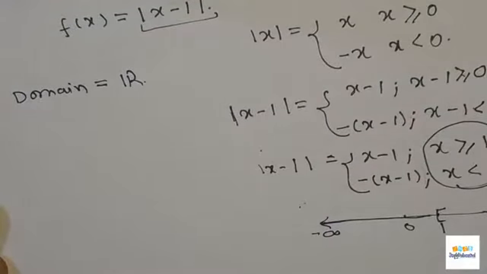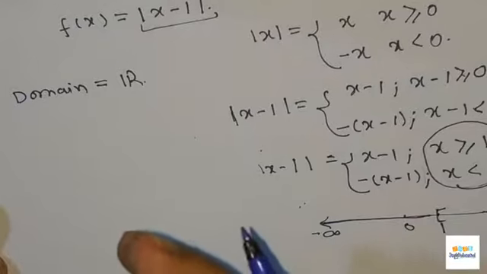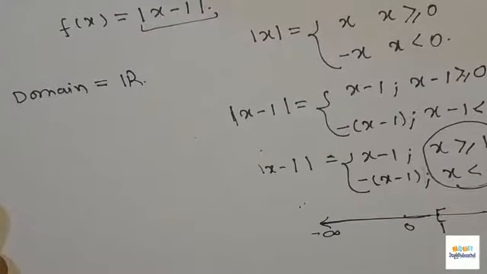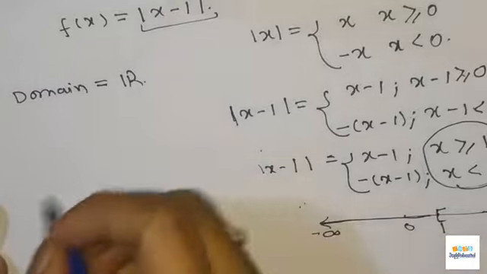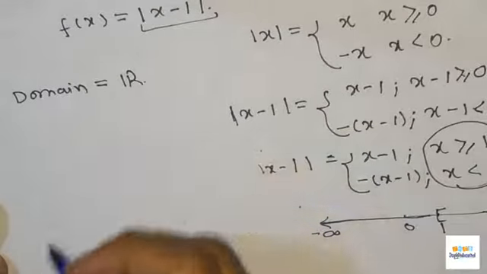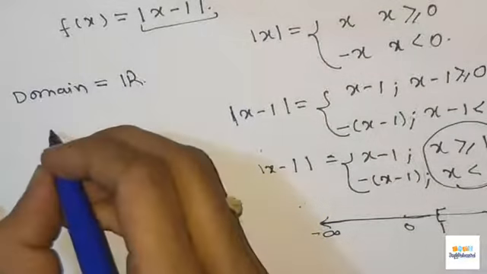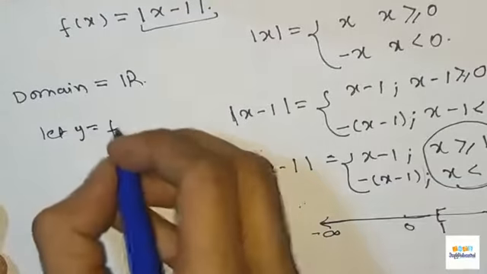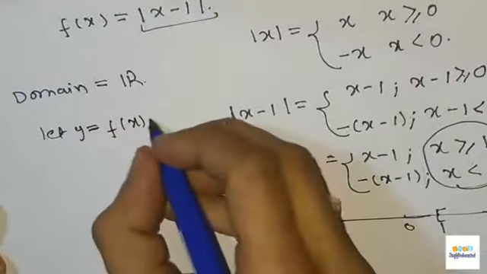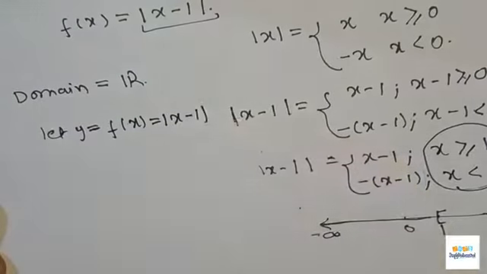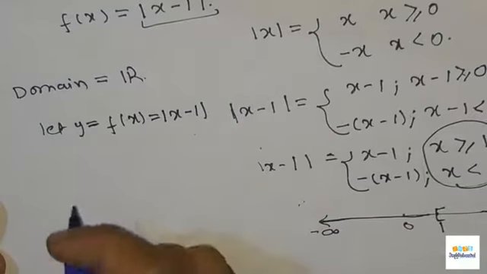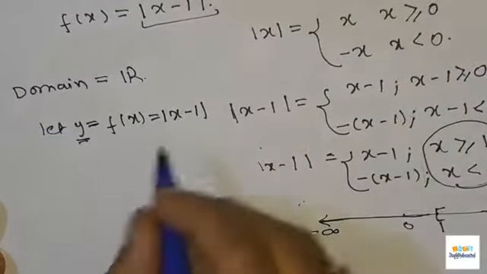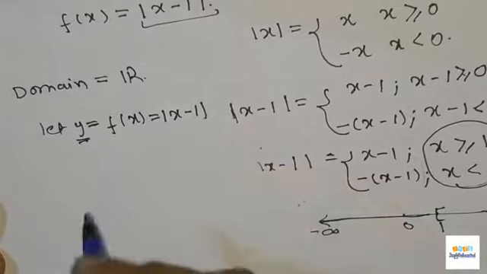Now we will do the range of f(x). To find the range of the function f(x), first we have to take the domain. But before that, let y be equal to f(x), which is equal to modulus of x minus 1. This we have to write.